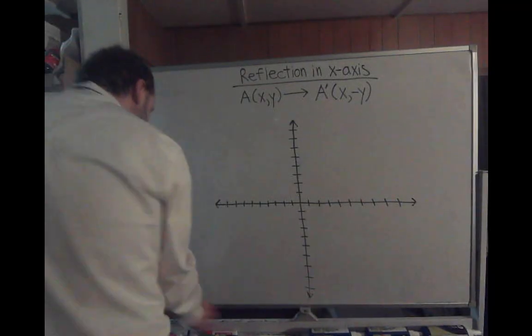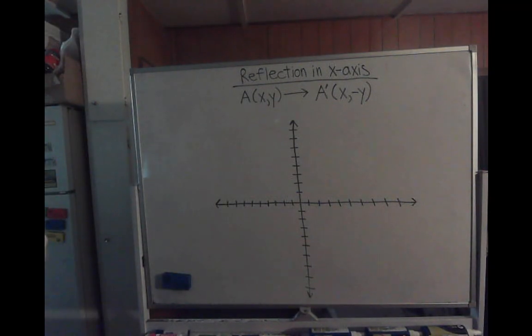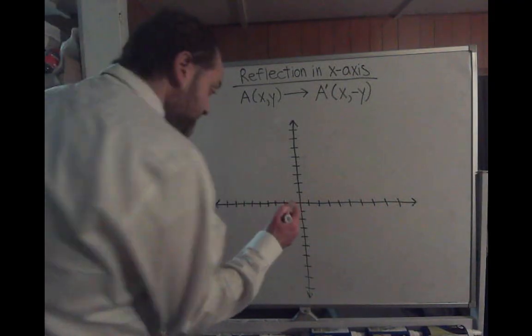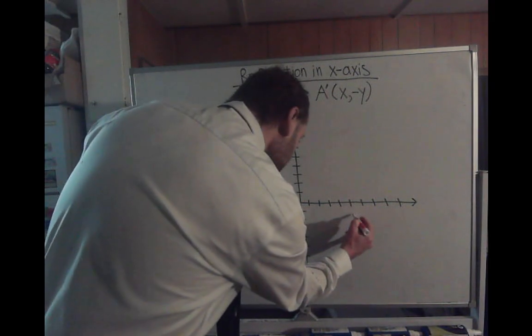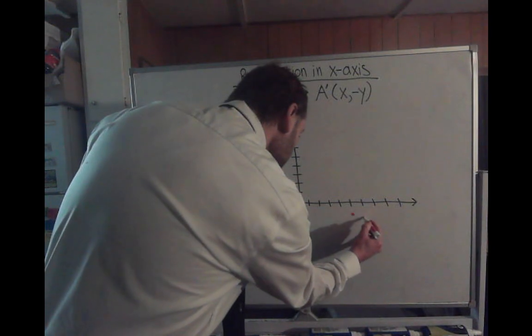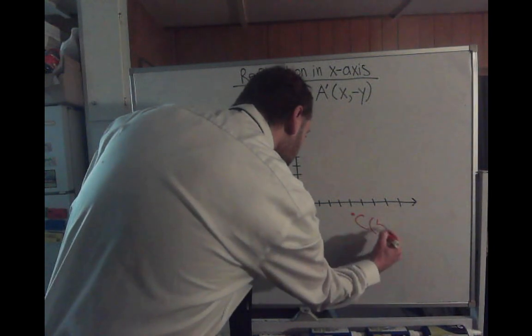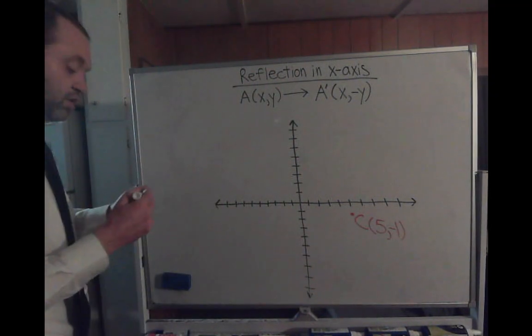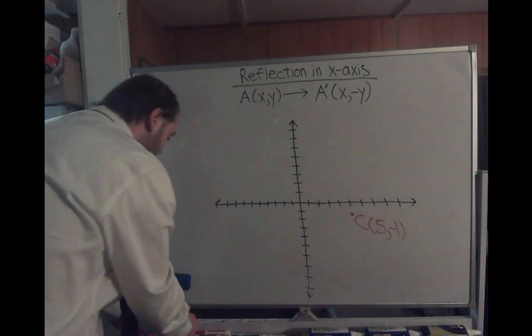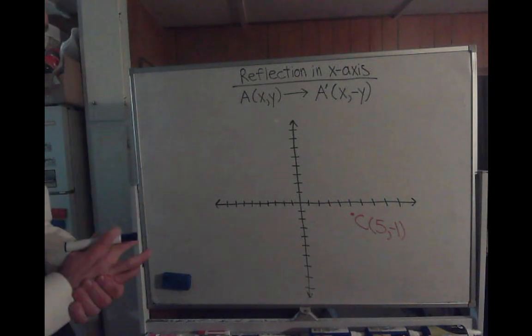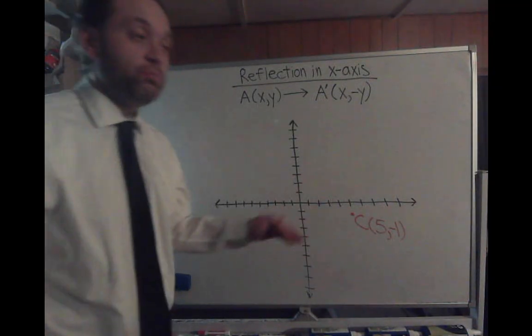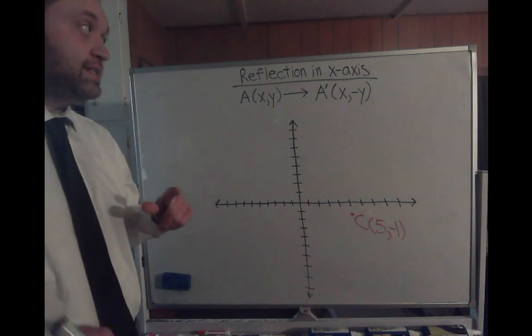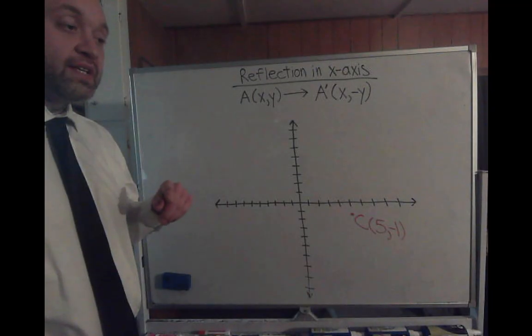Alright, let's do a point C. Now point C is different. That is located at 5, negative 1. We need to find C prime, which would be a reflection in the x-axis.